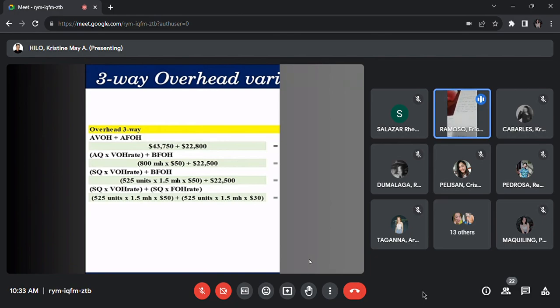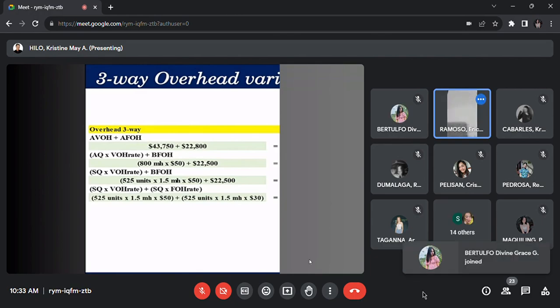So that is 61,875. Our standard quantity times variable overhead rate plus standard quantity times fixed overhead rate is 525 units times 1.5 machine hours times 50 plus 525 units times 1.5 machine hours times 30. The result is 63,000.